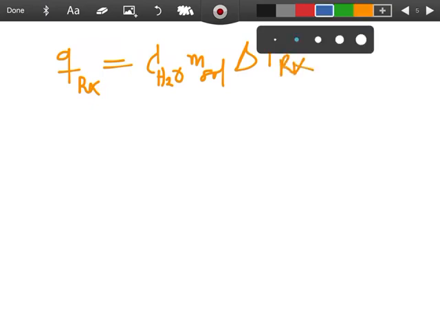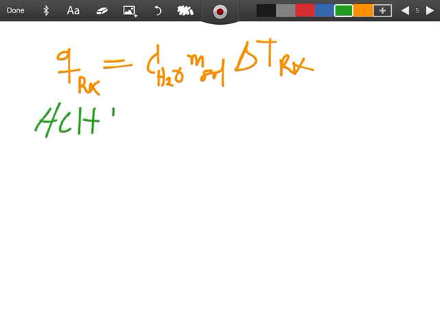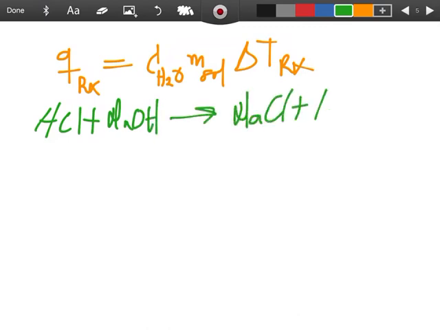And this is going to be specifically, right now, talking only about HCl plus NaOH. That is going to give me NaCl plus H2O. Perfect. And all of this is going to be diluted in aqueous media.